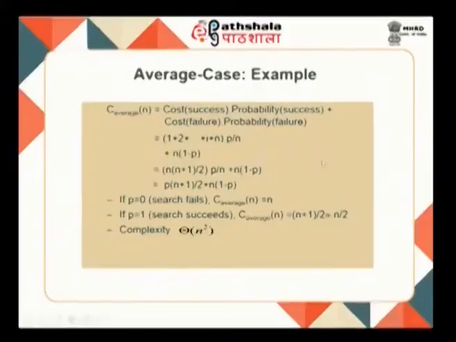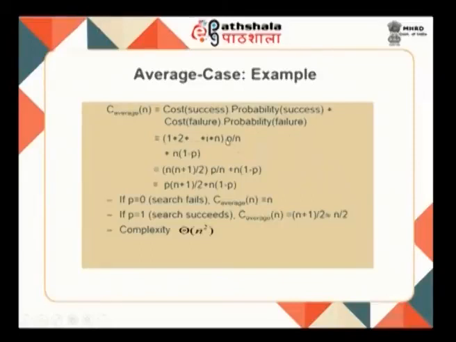We have to consider all possible configurations, then introduce the probability, and then consider the scenario where we can get the average number of comparisons. So, you can see for this problem, the average cost is computed as the cost of success multiplied by the probability of success plus the cost of failure multiplied by the probability of failure.